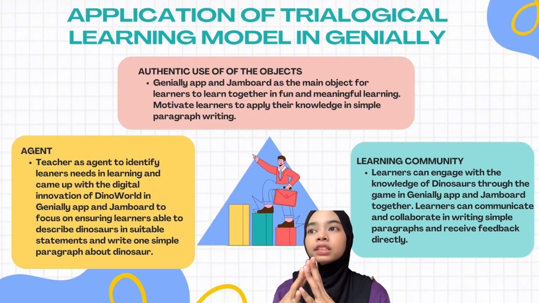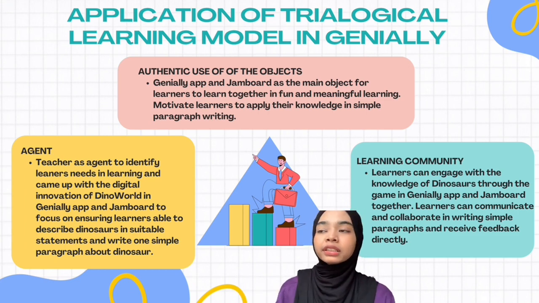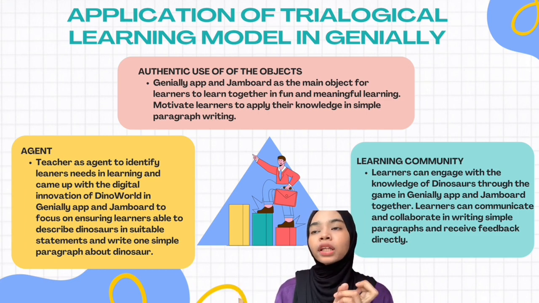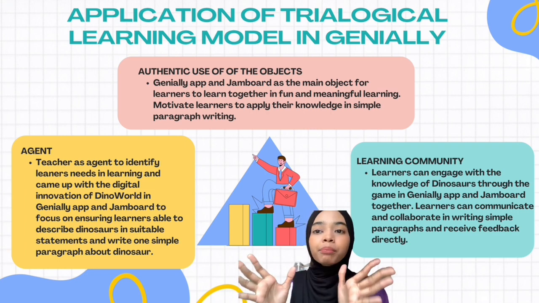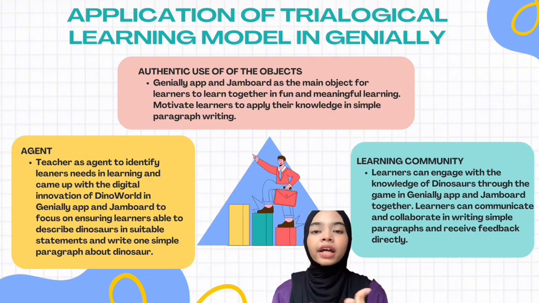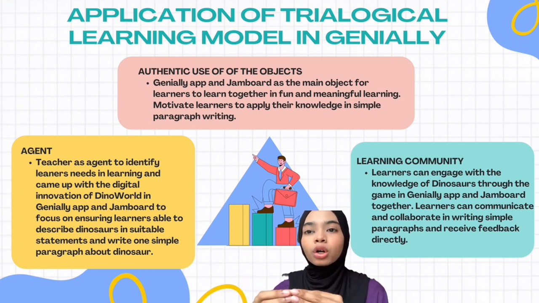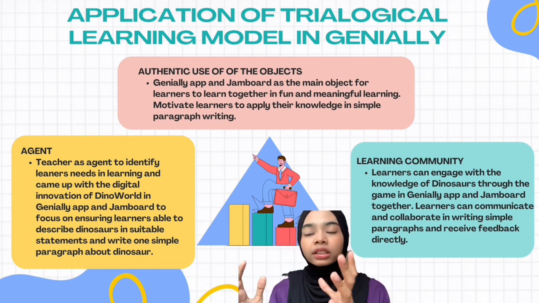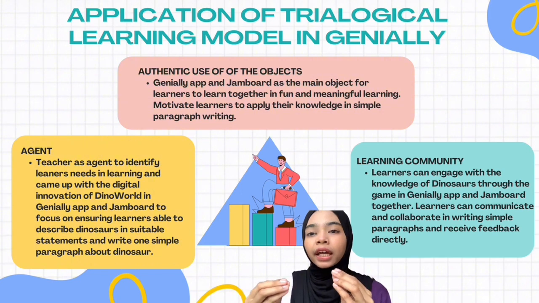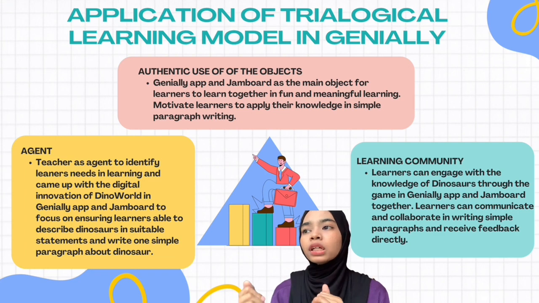The first thing in the digital innovation project that we have created: we have applied the trilogical learning model in terms of authentic use of the objects, Genially app and Jamboard, as the main objects for learners to learn together in a fun and meaningful way, so that it can motivate the learners to apply their knowledge in simple paragraph writing. The pupils can use the object authentically, so that they can have a direct experience with the object.